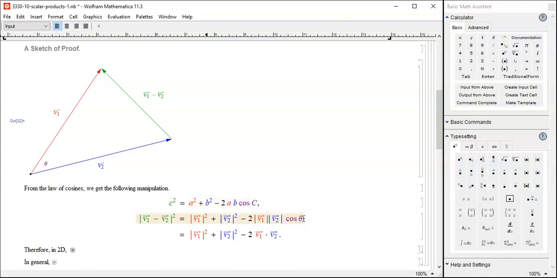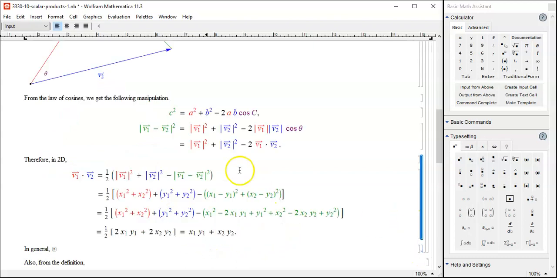Kind of like this. And what we have is 2 times size of v1 times size of v2 times cosine of theta. Wait a minute, this is nothing more than the dot product. So you can solve with respect to this dot product. Flip the other 2 to the left-hand side and divide by -2, and you get that.